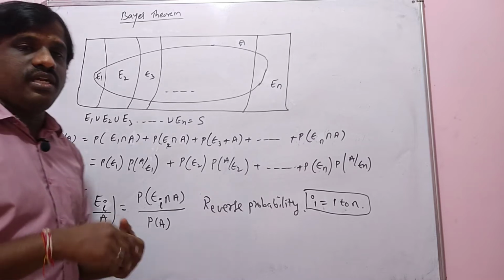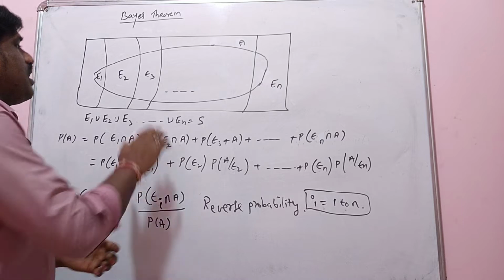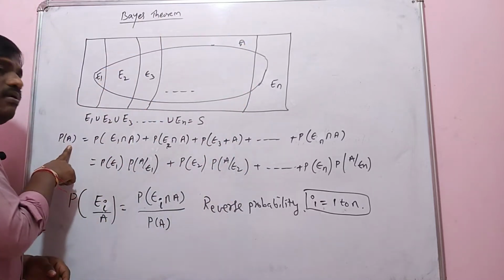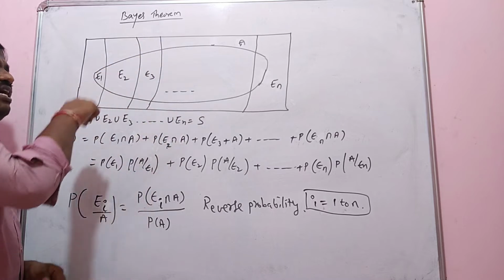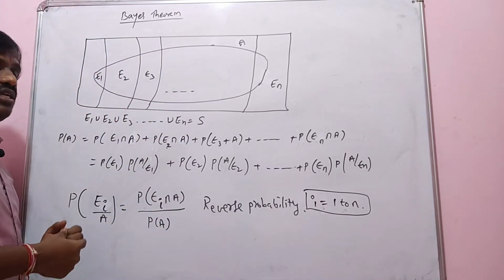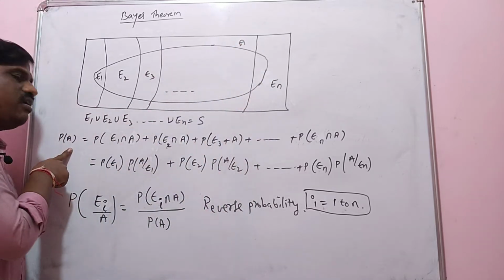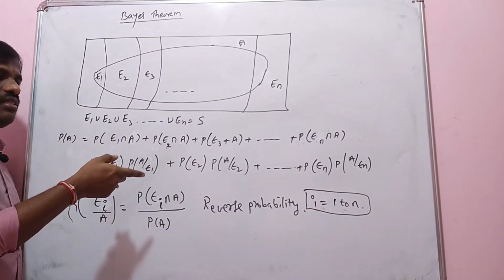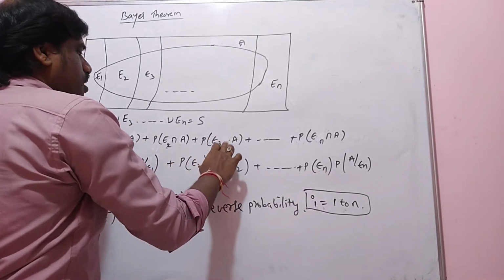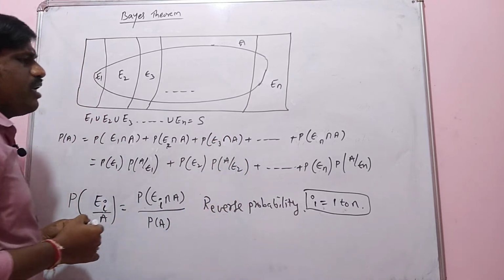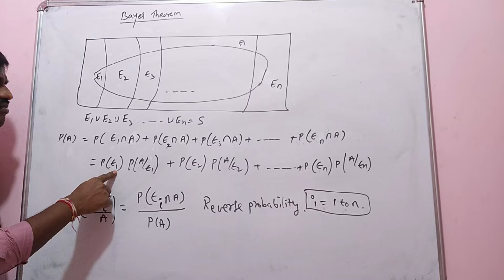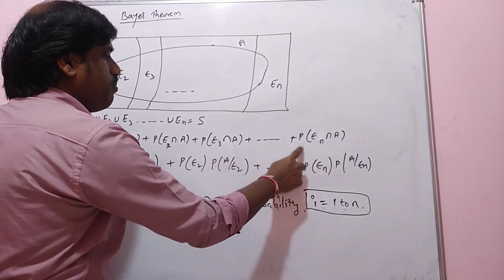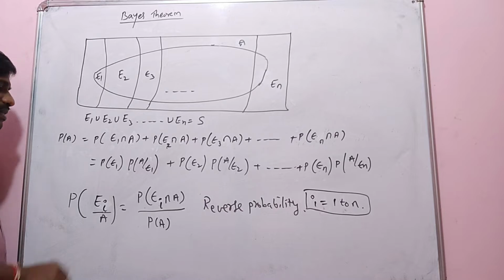Exhaustive events means E1 union E2 union E3 and so on union En is equal to S. If these are all exhaustive and mutually exclusive events, then the probability of A will be the probability of E1 intersection A plus the probability of E2 intersection A plus the probability of E3 intersection A, and so on up to the probability of En intersection A. So we write it as probability of E1 into probability of A when E1 already happened, plus probability of E2 into probability of A when E2 already happened, and so on up to probability of En into probability of A when En already happened. This is the total probability.